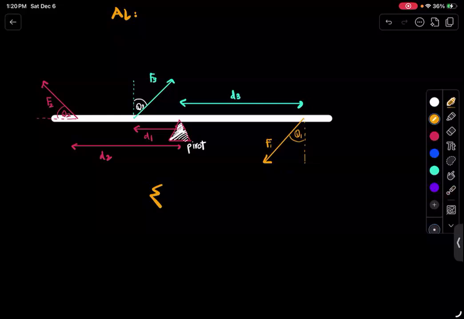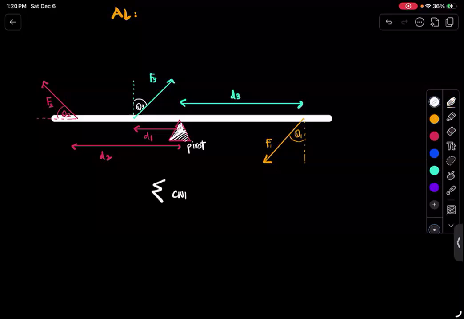Because you know that the force must be perpendicular to the distance that you're taking. This force has a perpendicular component as well as a horizontal component. So you can find out what the perpendicular components of those forces are.